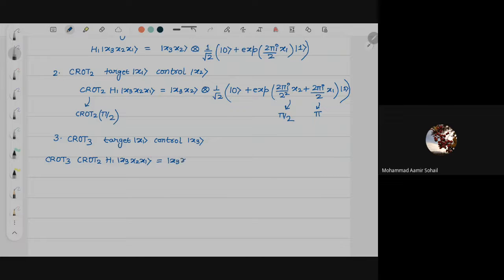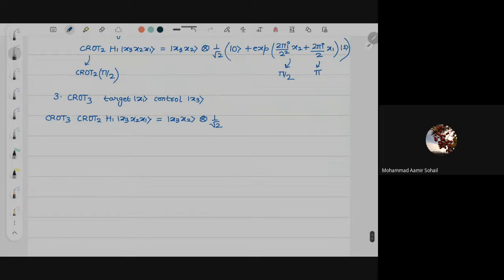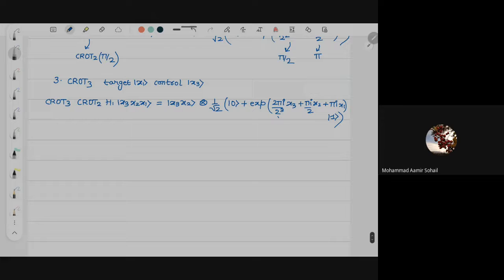This will give you X3, X2 tensored with 1 over root 2, 0 plus exponential, so we'll have now 2 pi i by 2 cubed X3 plus pi i X2 by 2 plus pi i X1 on the 1. And this will be pi by 4. So this one is nothing but the control rotation pi by 4.